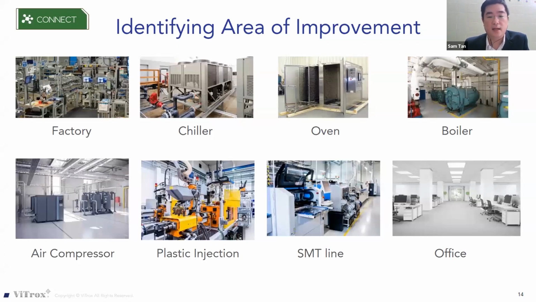Together with what I have told you just now, the TNB tariff and the discounts, I'm sure it will tell you what to do next. All right. After evaluating your usage from the main meter, you may look further into particular areas like the factories, chillers, ovens, boilers, or SMT line if you are in the semiconductor industry, or even the office, all right?